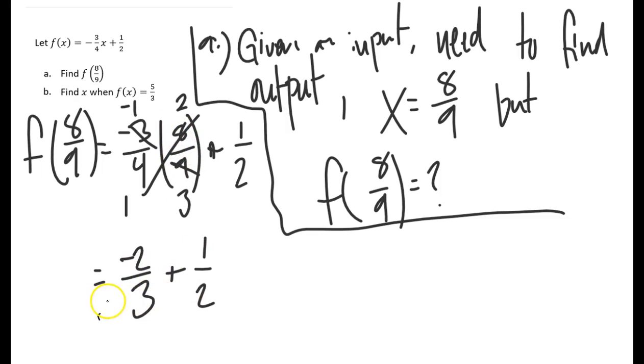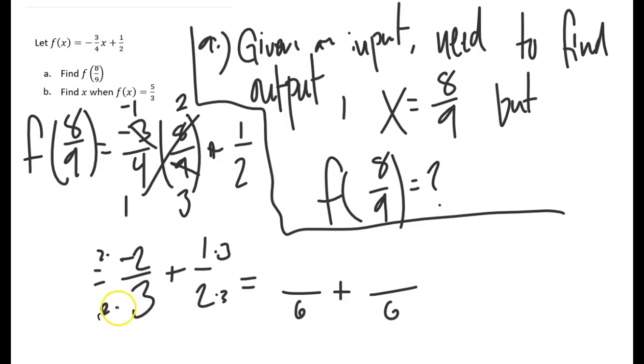So now I'm just really adding fractions, right? I need to turn these into something that has a common denominator. We do that the same way we look for LCMs, right? So I'm counting multiples of the biggest number until I find the number that both go into. This happens to be 6, right? So I need this to be a 6 on the bottom, and I need this to be a 6 on the bottom. So I multiply by what I need in order to make both of those 6 on the bottom, right?